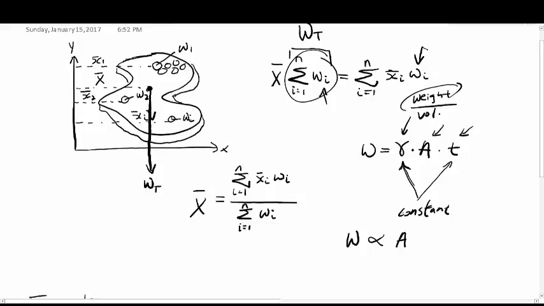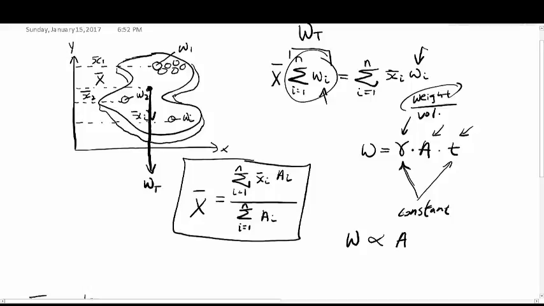And again, it would be okay for us to replace the weight with the area, because the gamma and the t are constant, so we can pull those out and they would cancel out anyway. So we can find our x bar, centroidal location in the x direction, using this equation here.